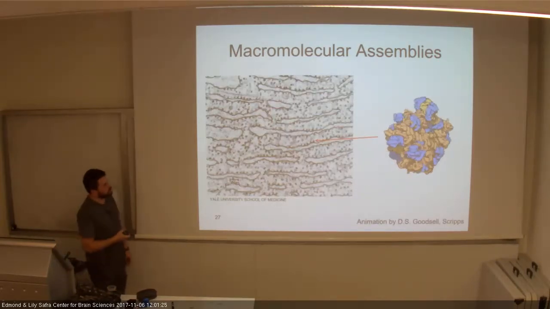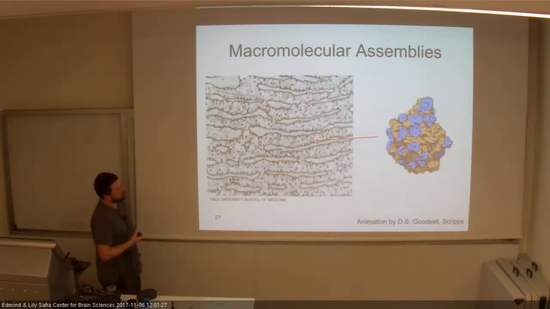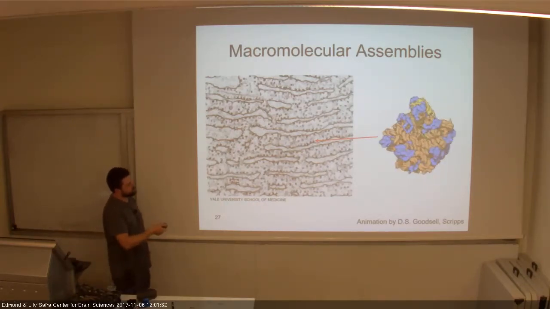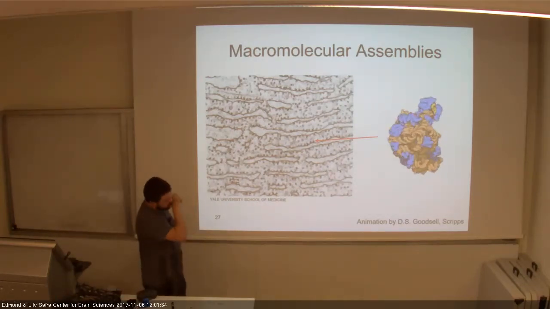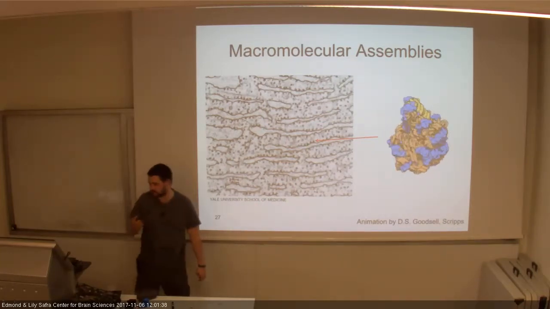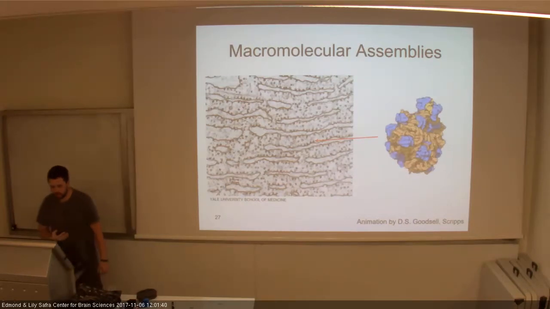And for example, one of the more popular and more famous molecular assemblies is the ribosome. So for example, the machinery in the cells that translates RNA and produces proteins.